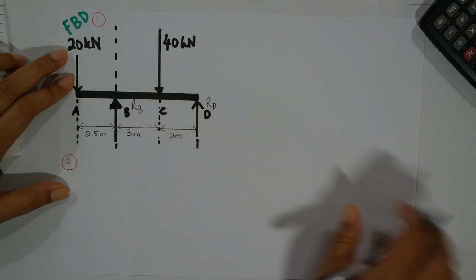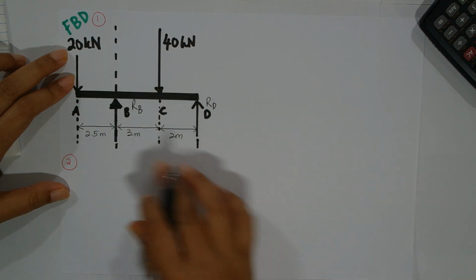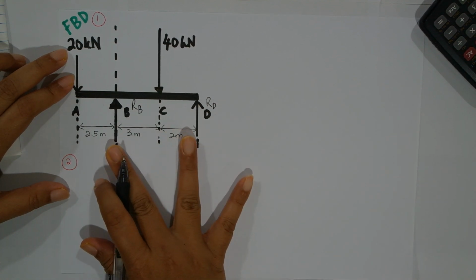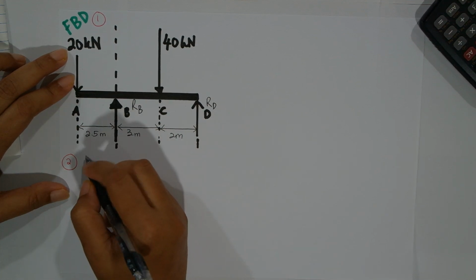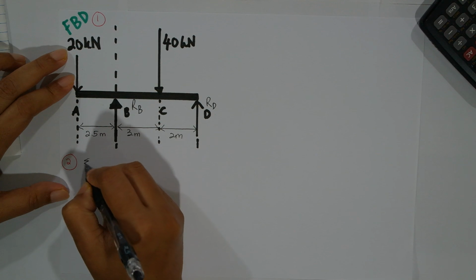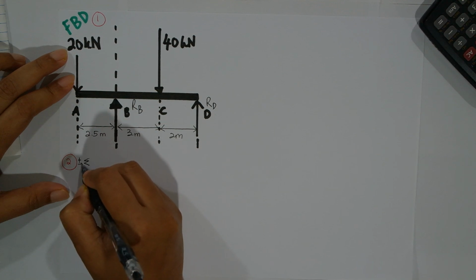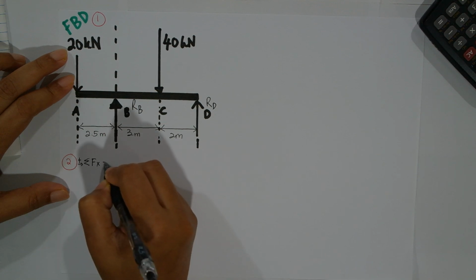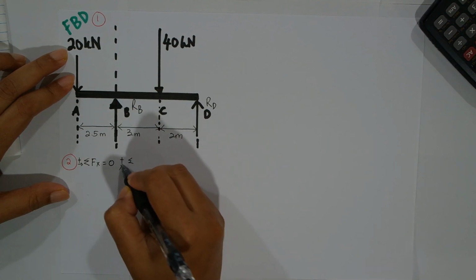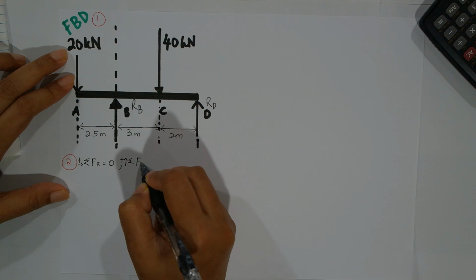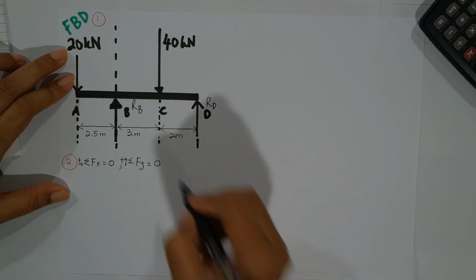Normally I'll start with, because I have two unknowns, the equations of equilibrium. How many components up to chapter 3? You know you have summation of Fx must be equal to 0, summation of Fy must be equal to 0.